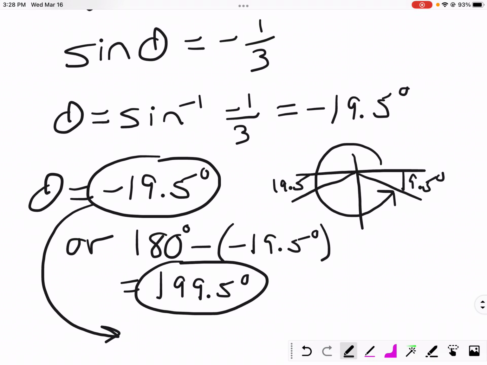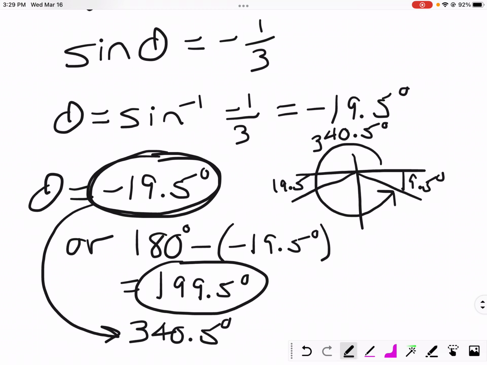We're going to do 360 minus that, and we're going to get 340.5 degrees. And I'll write that up there, 340.5 degrees. The fact that this first angle that the calculator gave us was negative is why I said this was actually a little bit tricky.